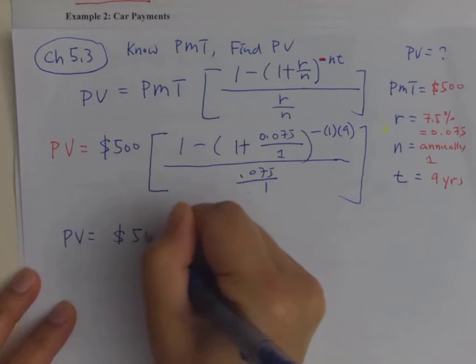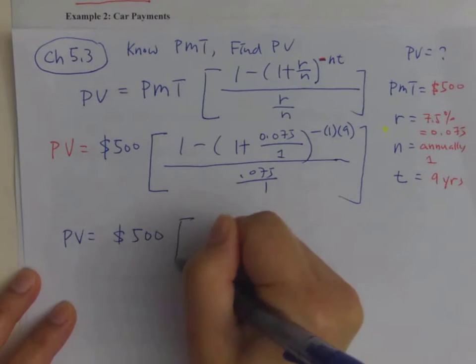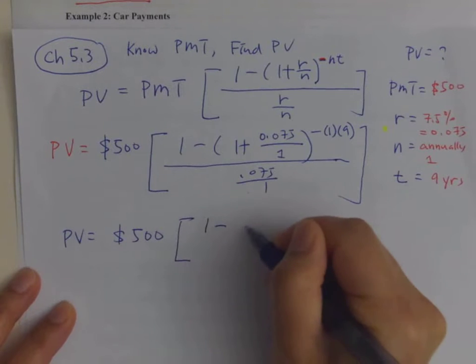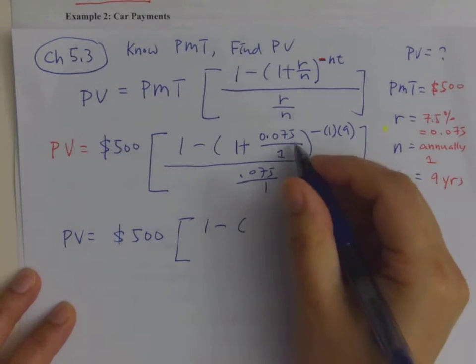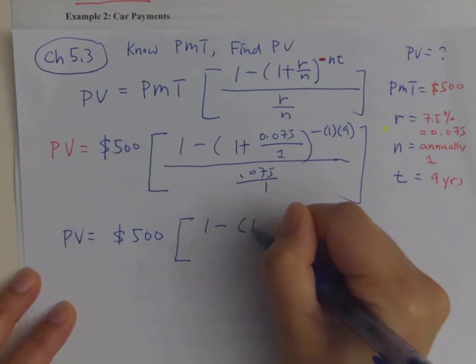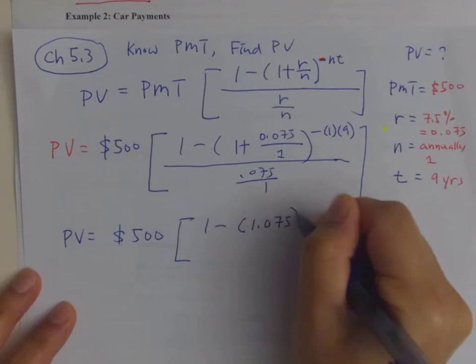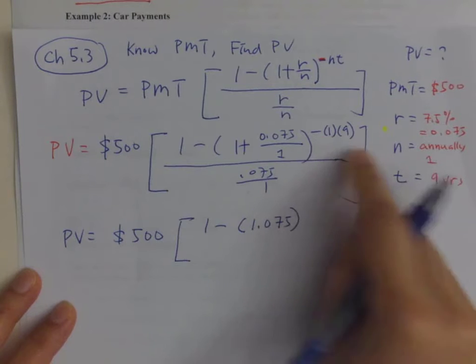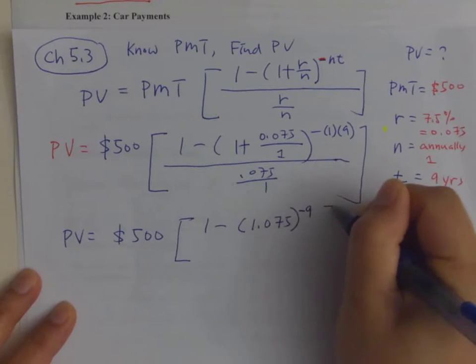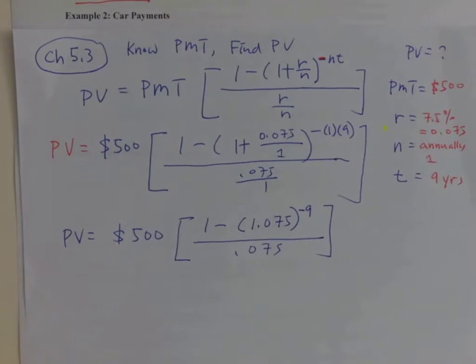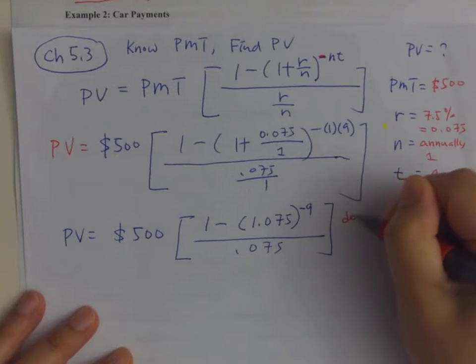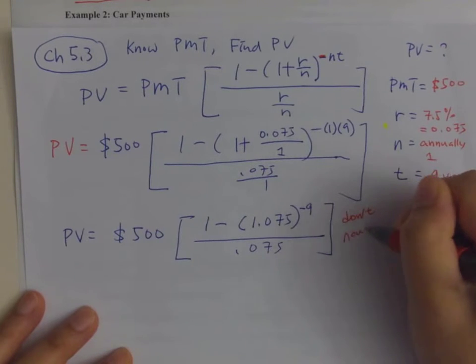If you're very good, you can plug it in one time, but I won't, because I'm not that good with the calculator. So 0.075 divided by 1 is just 0.075, plus 1 is 1.075, raised to negative 9, divided by 0.075. Don't round this number until the last step.